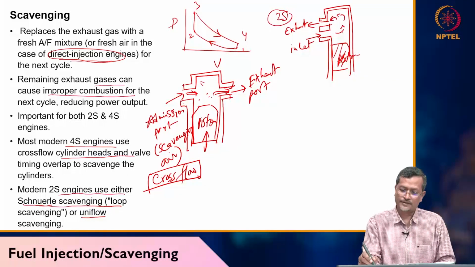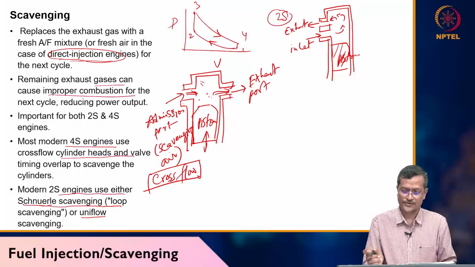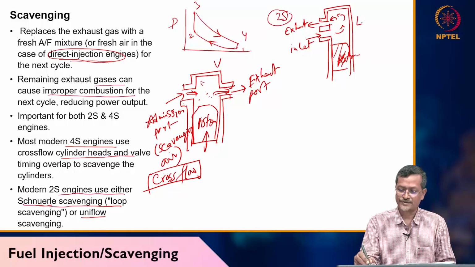Whatever fluid comes in through the inlet will be pushing the burnt gas towards the exhaust. This is called loop scavenging.